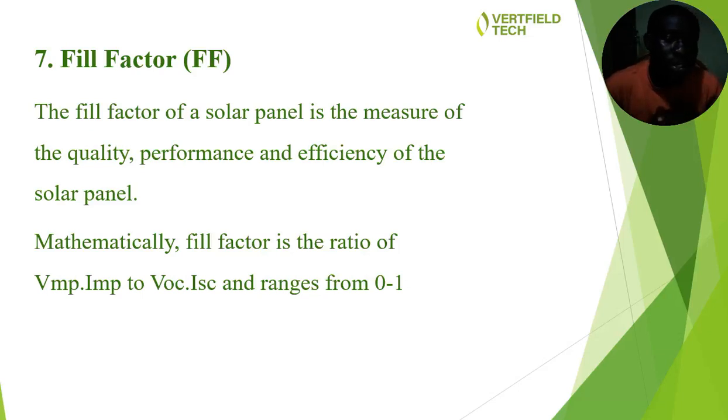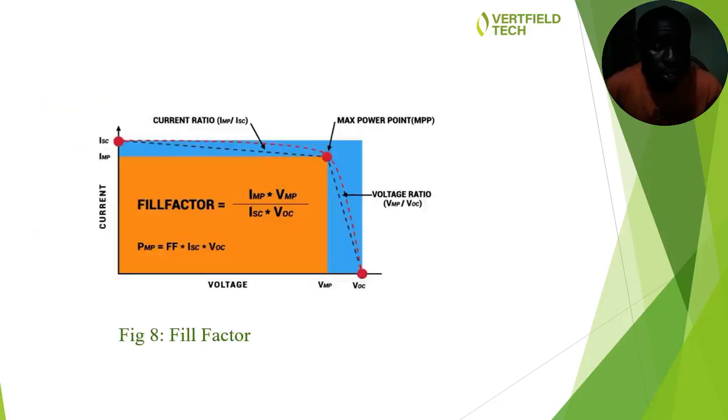The fill factor is a ratio of VMP times IMP to VOC times ISC and ranges from 0 to 1, which means if we do a system design concerning the solar panel and we consider the fill factor, and we get a value of 1, it means that the efficiency of this solar panel is top notch. The performance is the best, and the quality is also something to write home about. That is what the fill factor tells you.